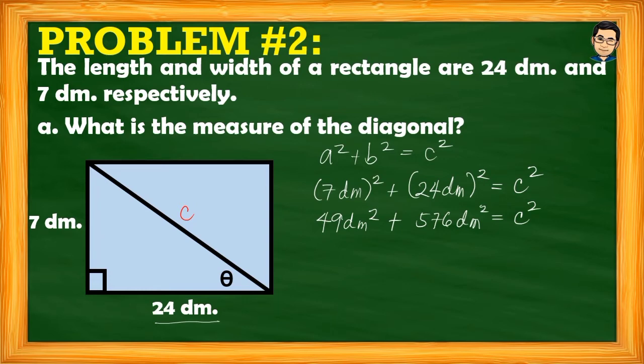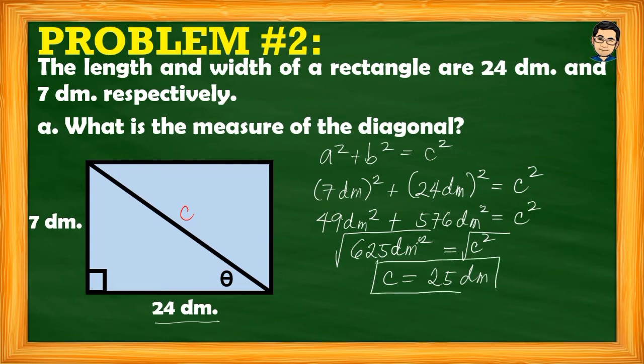Finally, we add: 49 plus 576 is 625 square decimeters, equals c squared. Then we extract the square root of both sides. The square root of 625 square decimeters is 25 decimeters. It's a perfect square, since 25 times 25 is 625. Therefore, the measure of the diagonal is 25 decimeters.